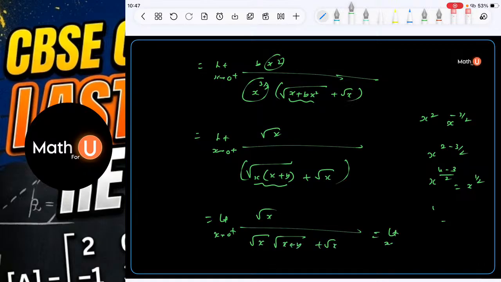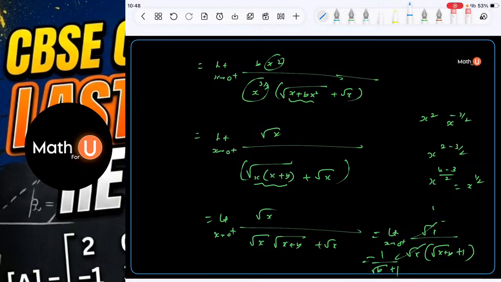In the denominator, if I take square root of x common, I will get square root of x plus b plus 1. The square root of x cancels, and wherever x is there, replace with 0, I will get 1 by square root of b plus 1. I will get it like this.